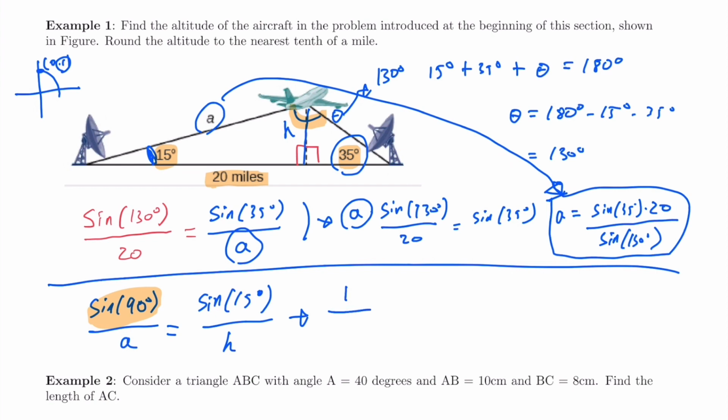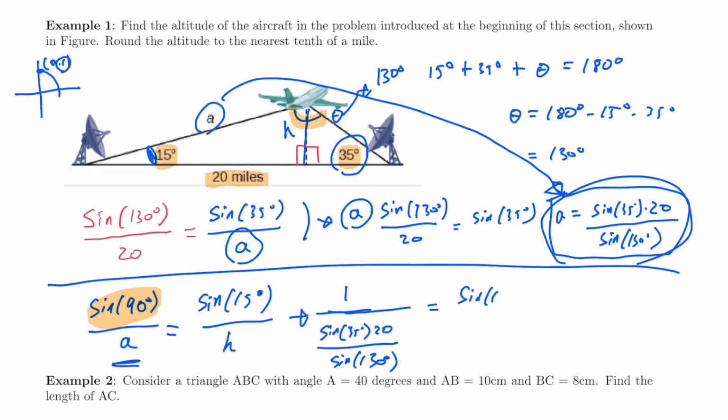So 1 over, what is A? A is this value right here. So it's 1 over that entire thing: sine 35 degree times 20 over sine 130 degree equals sine of 15 degree over h.